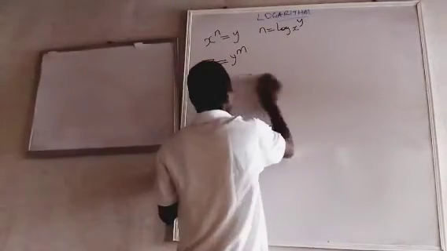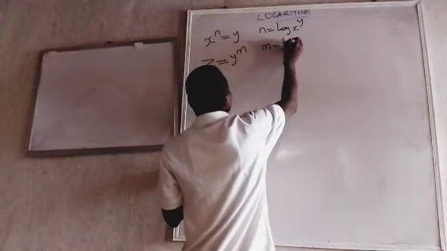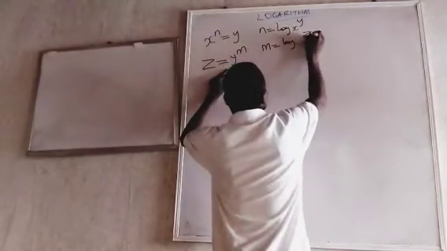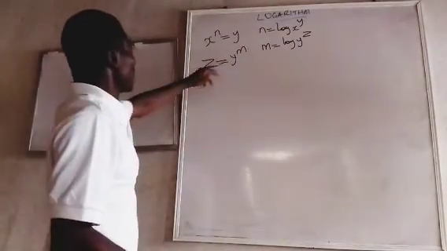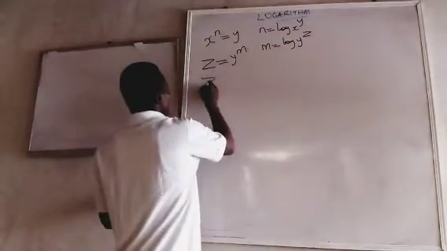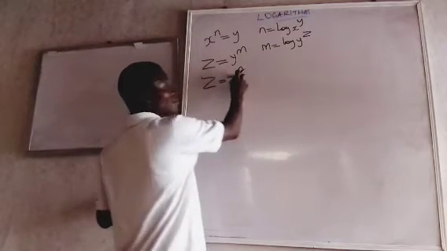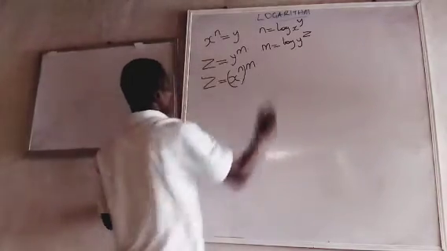And we can also say that n equals log z to the base of y. You can see that we can also say that z is equal to y raised to the power of n.